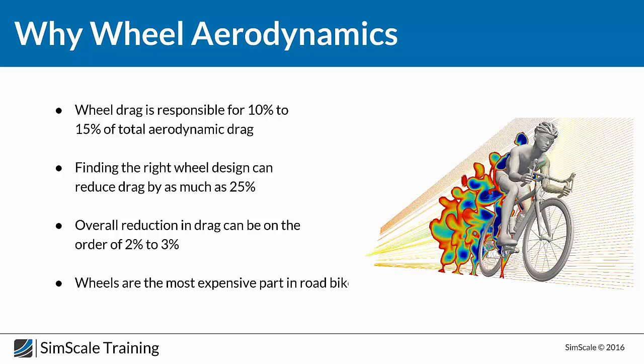What I mean by this is the performance of the tire can reduce the total drag of the rider with the bike by 2 to 3%. And if you remember our example of the calories that the rider needs to ride over 200 kilometers, this can have an important effect on the performance of the rider.